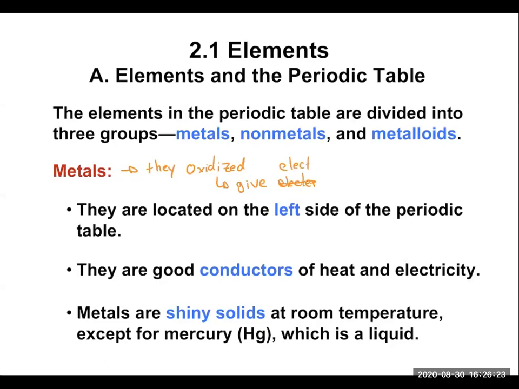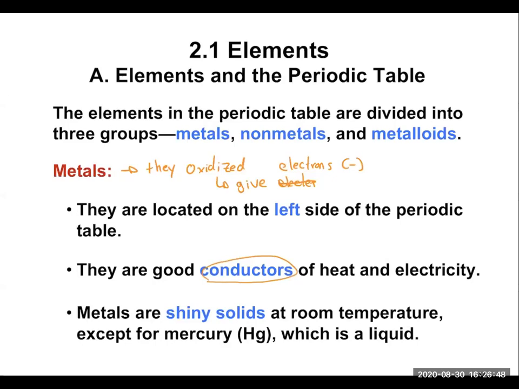And keep in mind that electrons have a negative charge. So think of negative charges floating in the solution. When a charge is floating in solution, something can conduct heat or electricity. That's why metals are considered good conductors.